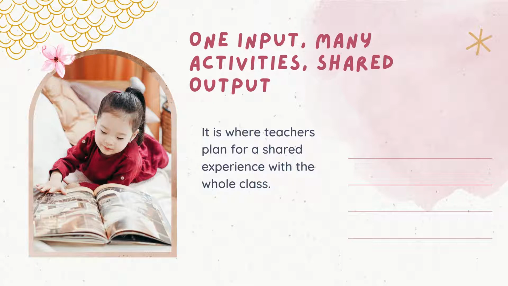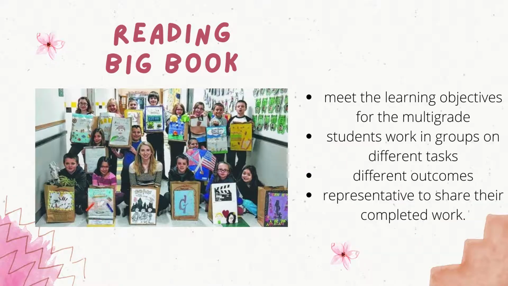So, what is one input, many activities, and shared output? It is where the teachers plan for a shared experience with the whole class. For example, in this picture, it's shown that a teacher is handling a book.